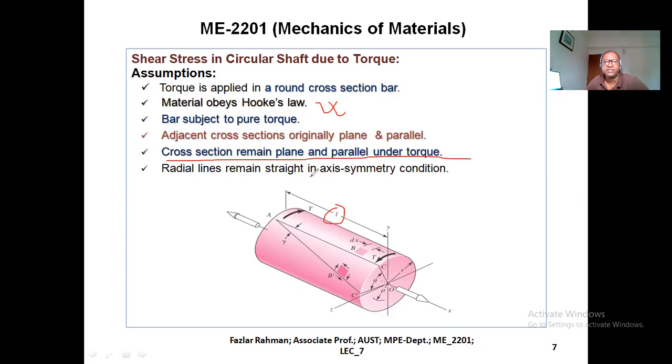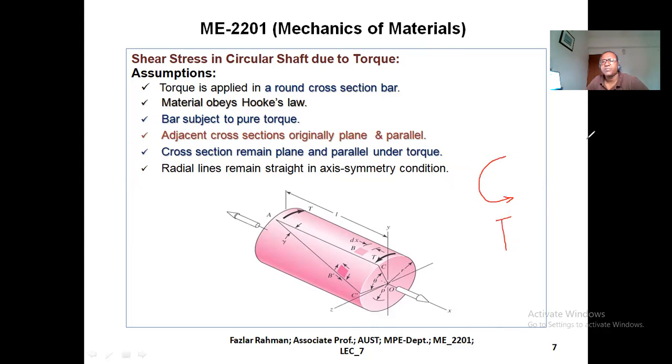Radial lines remain straight. A radial line means a line passing through the center of the body in an axis of symmetry condition. Now, in this shaft of length L, the torque over here is applied clockwise, and at the other end anti-clockwise.